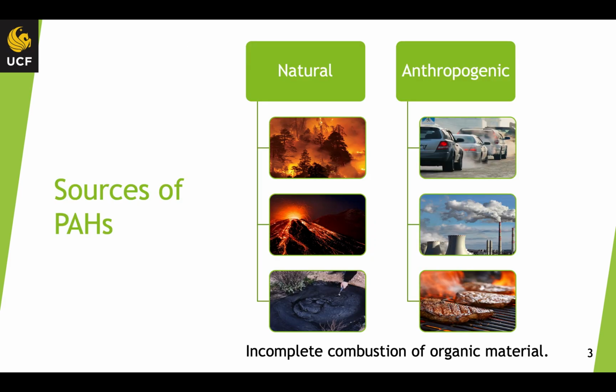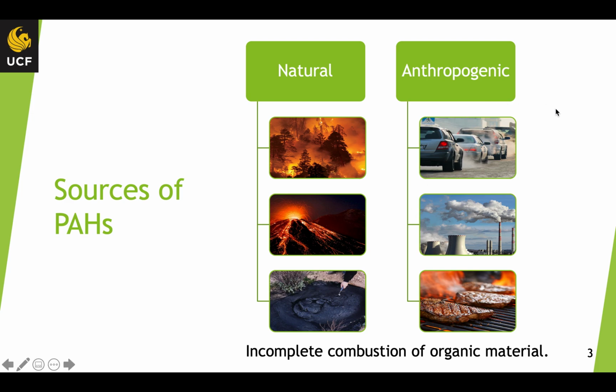A couple of sources of PAHs include natural and anthropogenic sources. Among the natural sources would be things like forest fires, even volcanic eruptions, and petroleum seeps from the ground. All of these would contribute to PAHs in the environment.